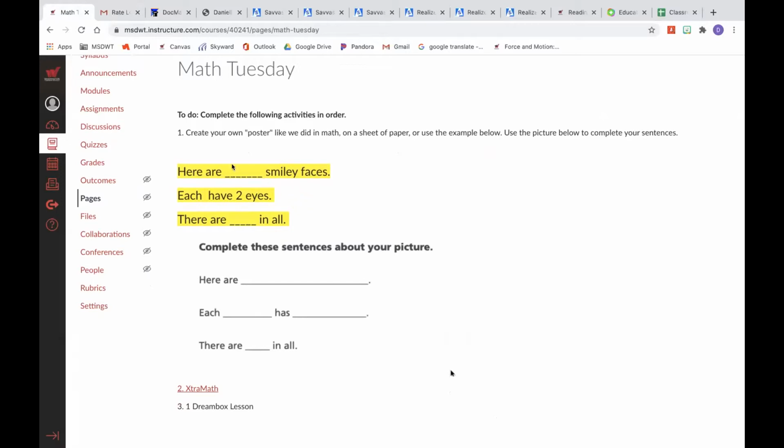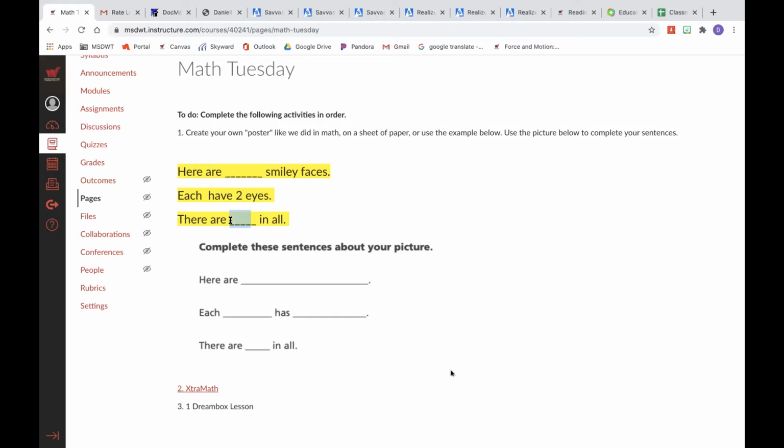So I want you to do one with smiley faces. You can pick how many smiley faces you want to do. But don't do too many. Do not do more than 9. Only pick 1, 2, 3, 4, 5, 6, 7, 8, or 9. Do not go over 9. I already helped you a little bit with this one. Each has 2 eyes.